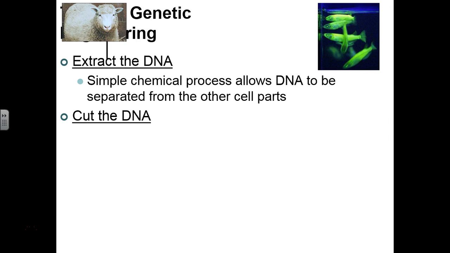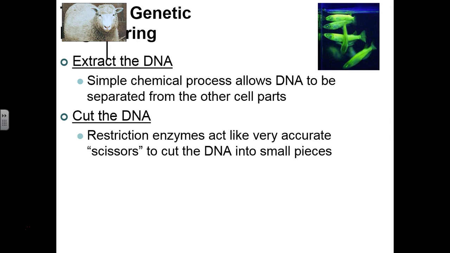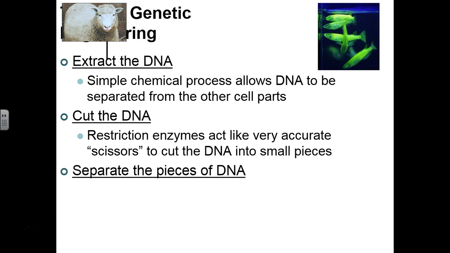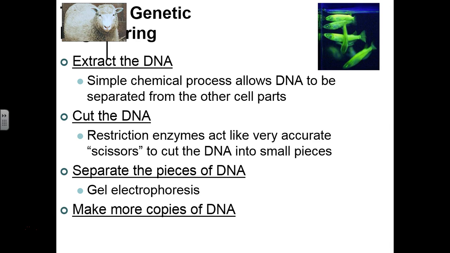We cut it into specific pieces using enzymes, then separate those pieces using gel electrophoresis, and then analyze that. We can also make lots and lots of copies of DNA. And all of that's required for genetic technology for us to be able to monitor and identify sequences of DNA. And we're going to talk about those processes.